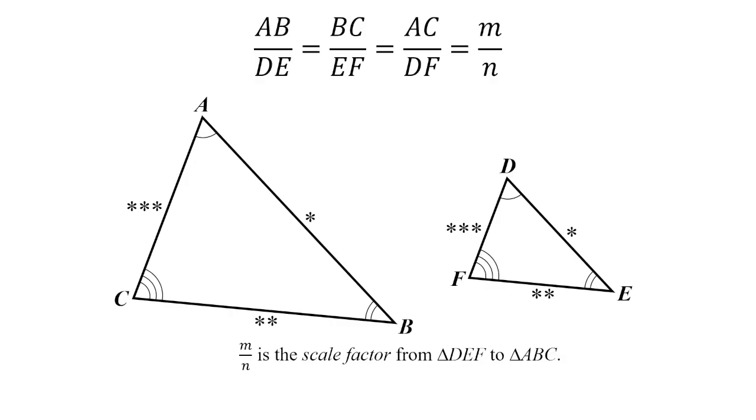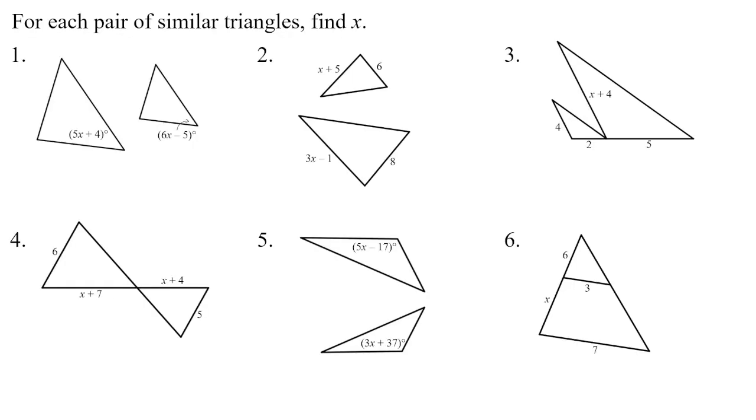Or you could say that n over m is the scale factor from triangle ABC to triangle DEF. So now I'm going to show you some examples of how we use the definition of similarity to solve problems.